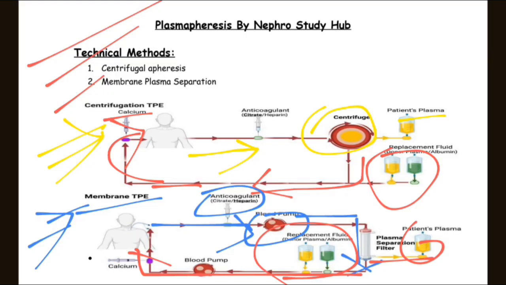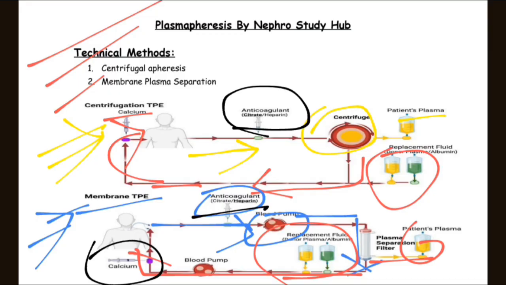A calcium gluconate injection is infused in the return line to maintain the calcium level in the body due to use of citrate anticoagulant. So, in that picture, we can clearly see that citrate is mainly used as an anticoagulant in centrifugal apheresis, and heparin also can be used, and in membrane plasmapheresis we use heparin and citrate can also be used.